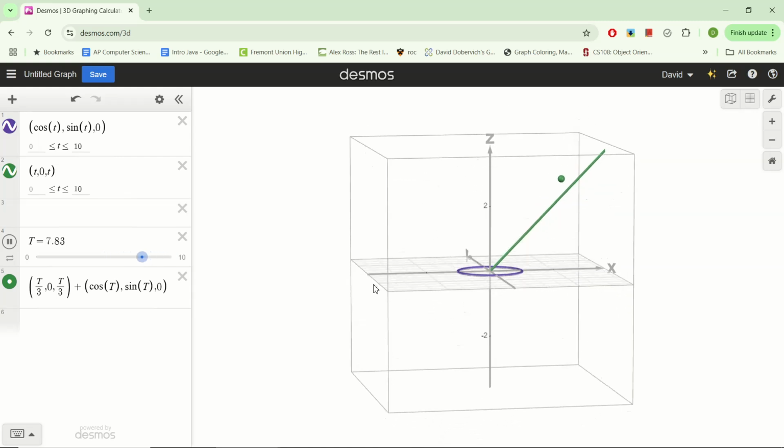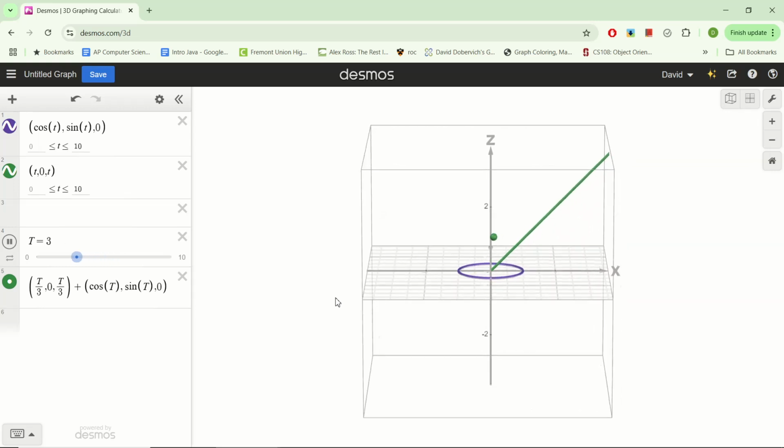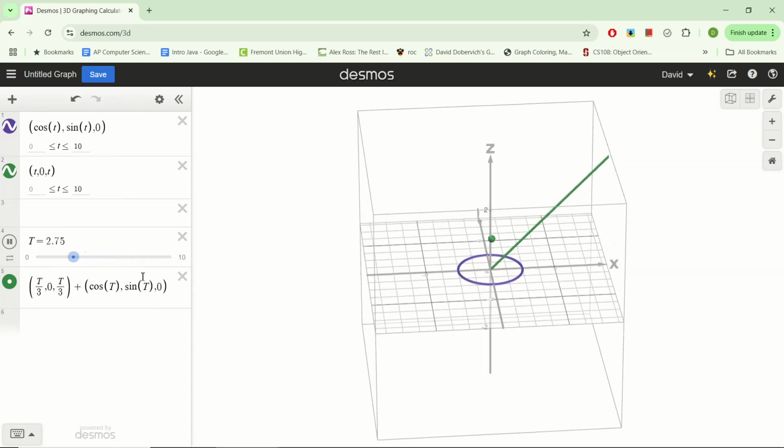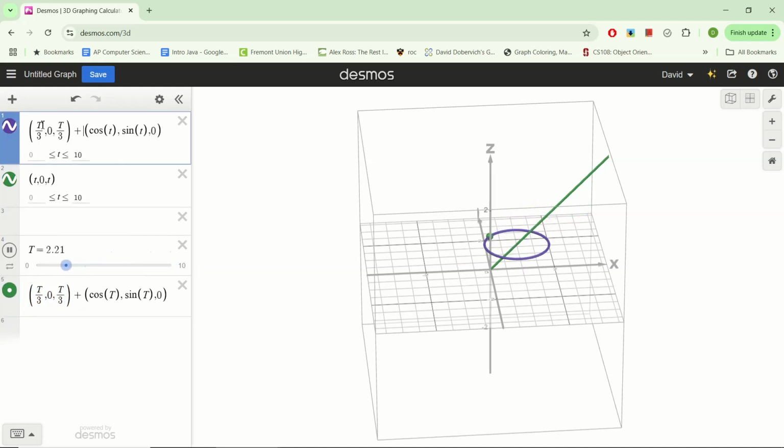It's a little hard to visualize with just the moving point. Let's look at it in this axis. So you can see it sort of orbiting this line. So let's not just have this one. Let's also put in the lowercase t's here.